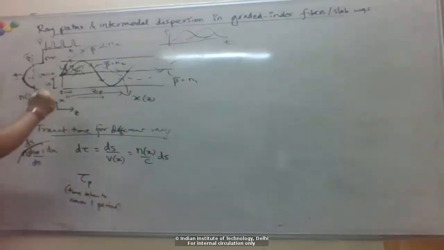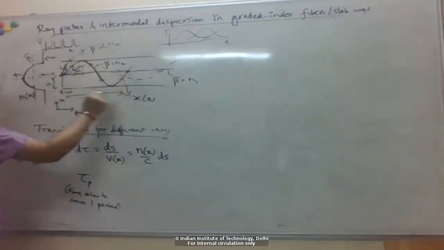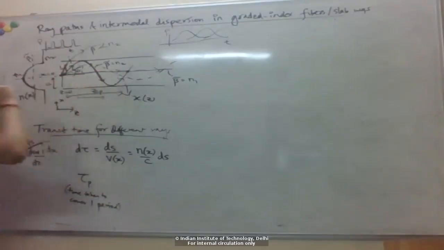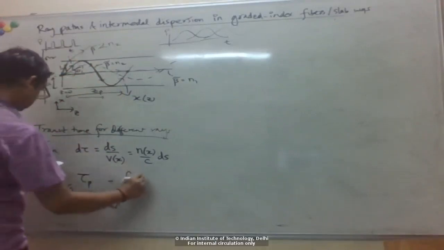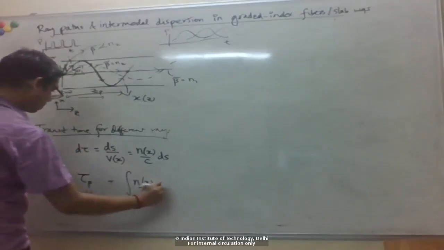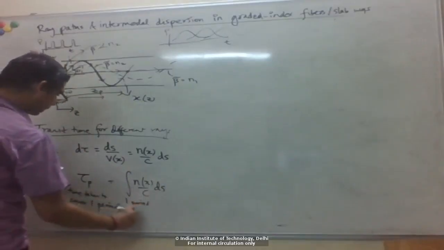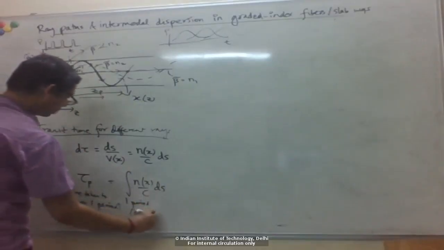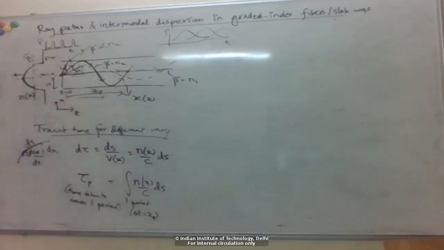Let's call that tau p, the time taken to go from here to here, covering a distance zp in the z direction. So I just integrate d tau over one period, or delta z equal to zp.